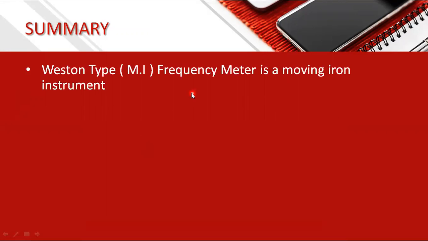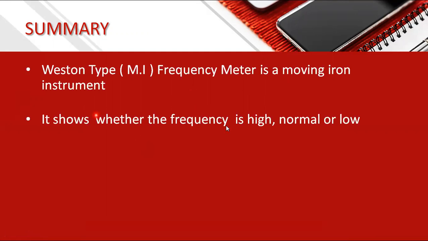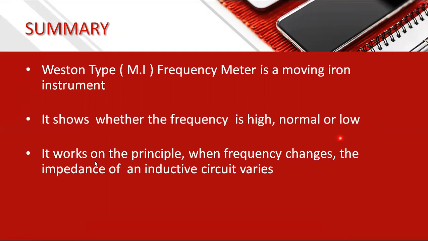Now we'll come to the summary of the Weston type frequency meter. It is a moving iron instrument. It shows whether the frequency is high, normal, or low. It works on the principle that when frequency changes, the impedance of an inductive circuit changes or varies.